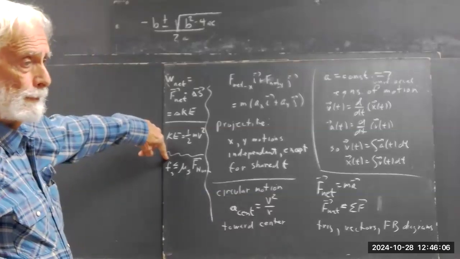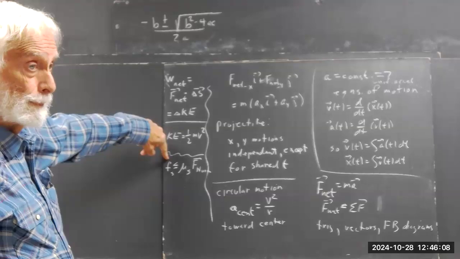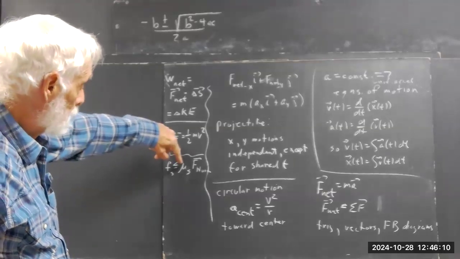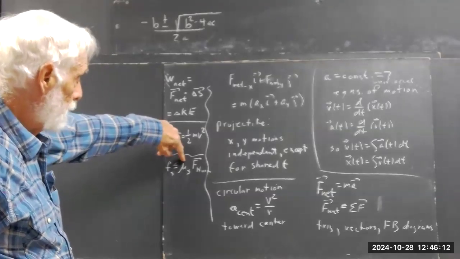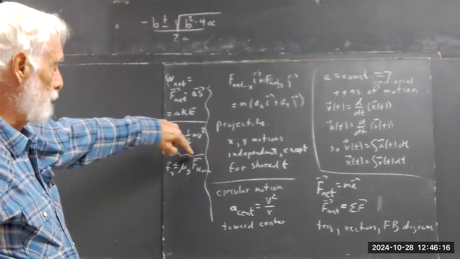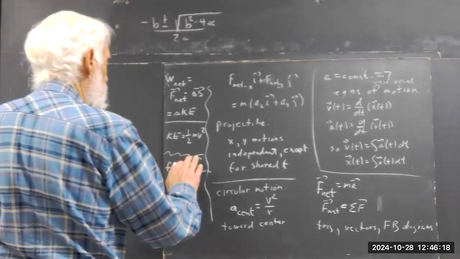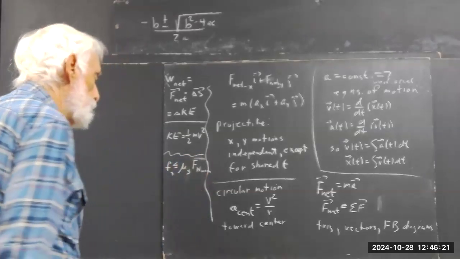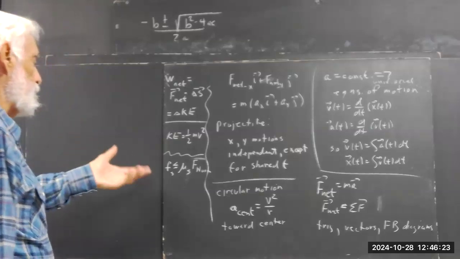This is a frictional force, which, this is static friction, is less than or equal to the coefficient of friction times the normal force, and it's in the opposite direction.